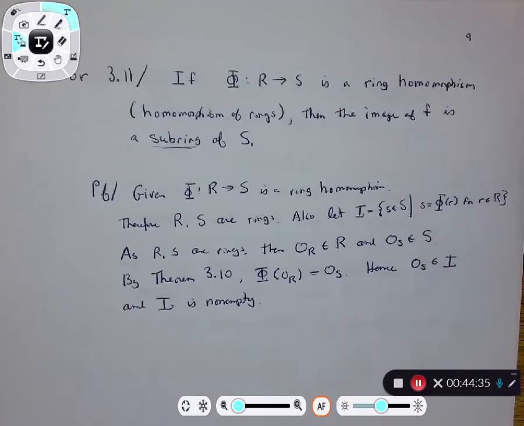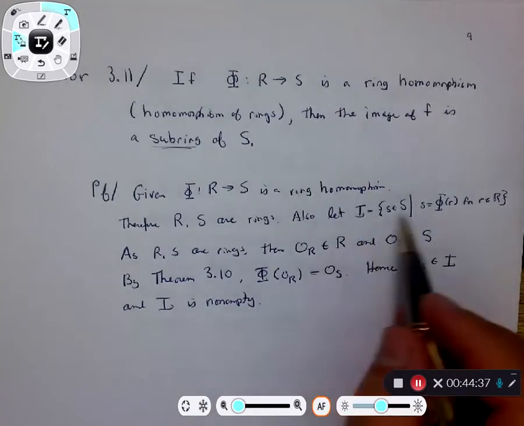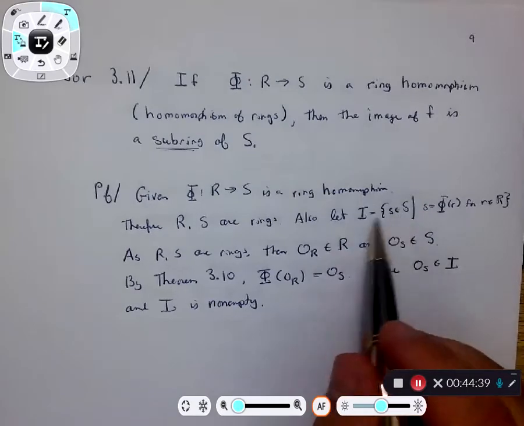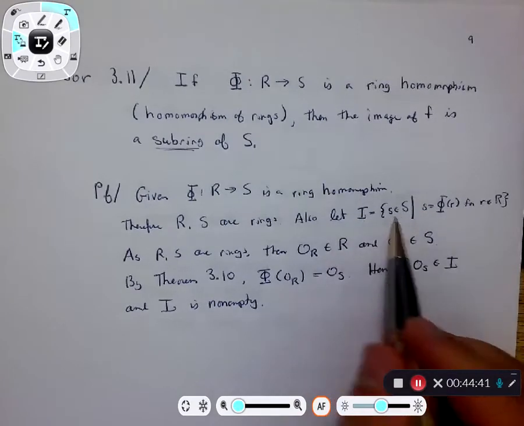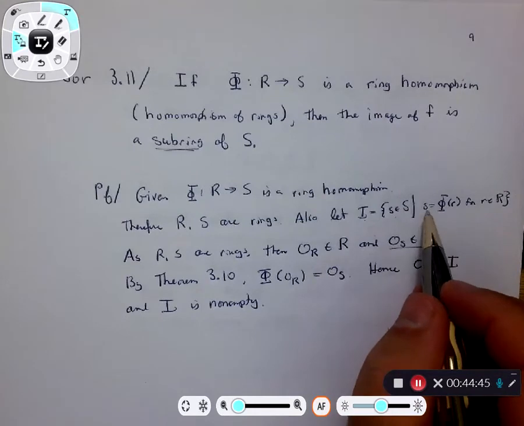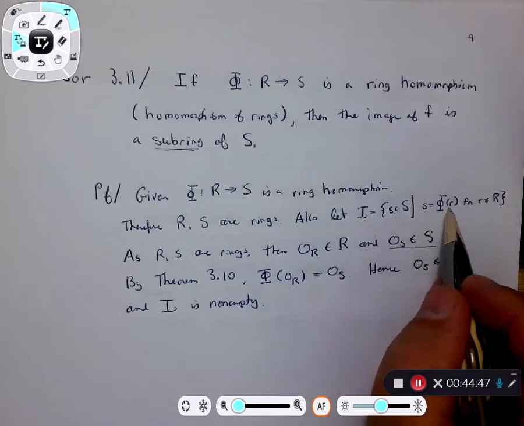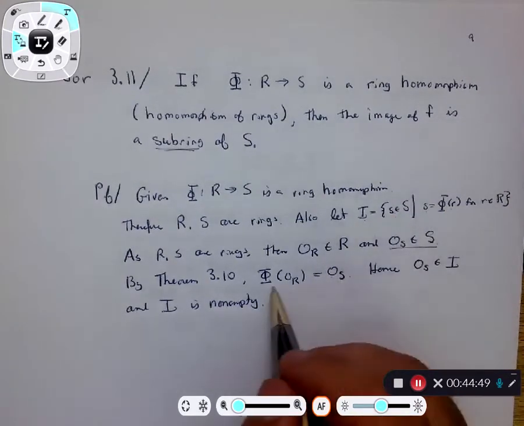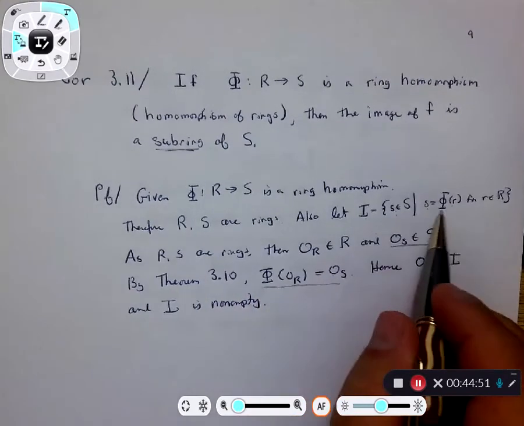All right. Look at that set structure here. To be in I, you had to come from S. 0S comes from S. That element has to be equal to phi of somebody. 0S is equal to phi of 0R. That part's been satisfied.